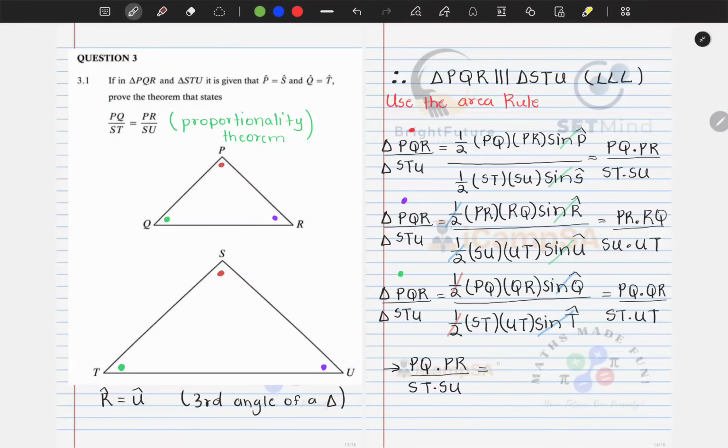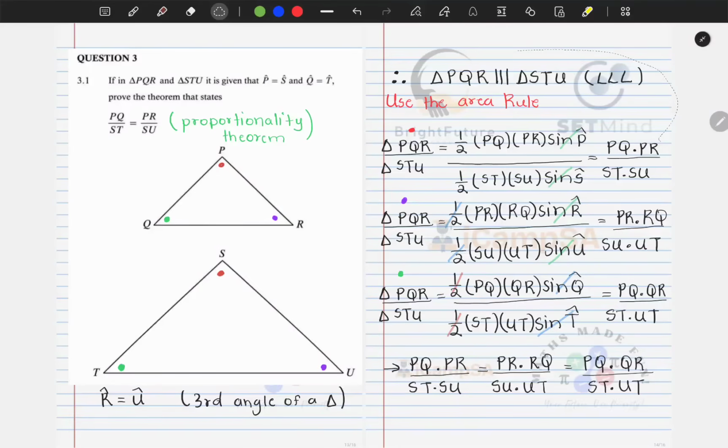That is the same as our PR times our RQ divided by SU times UT, which is the same as PQ times QR and then divided by ST times UT. Okay, this is what we have.